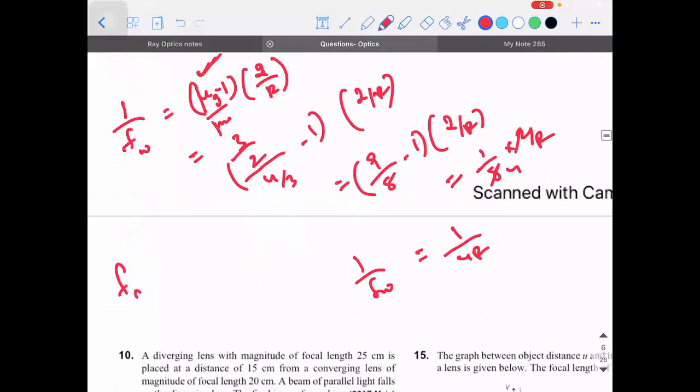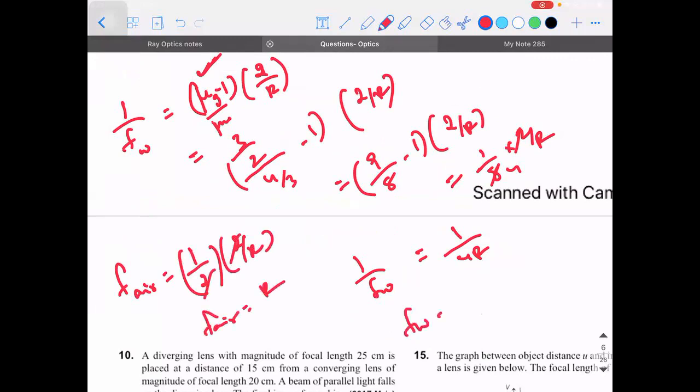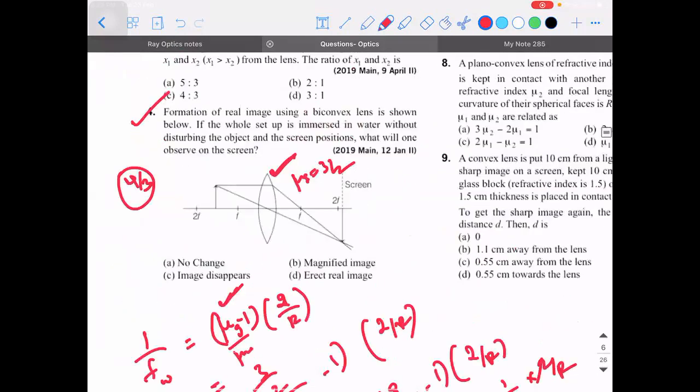But what is the focal length in air medium? That is mu minus 1, so 1 by 2 into 2 by r. Cancel it. Focal length in air is r. So focal length in water is 4 times the focal length in air. So what is happening to the focal length? It is increasing. Means where will this object's position fall with respect to the lens in the water?